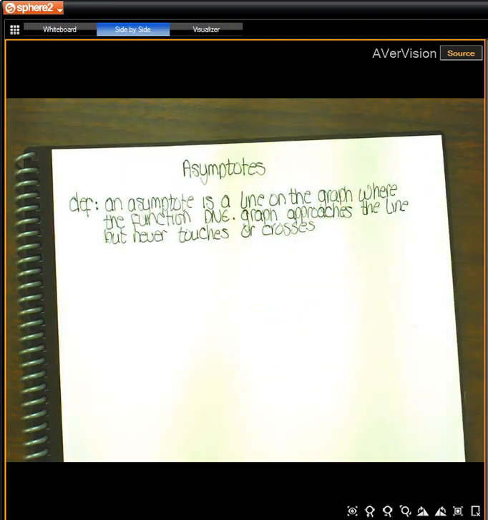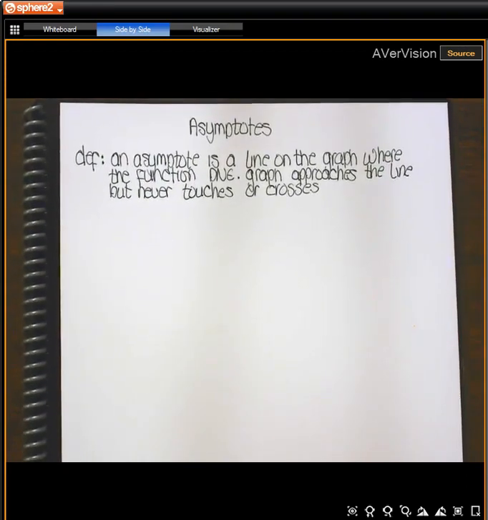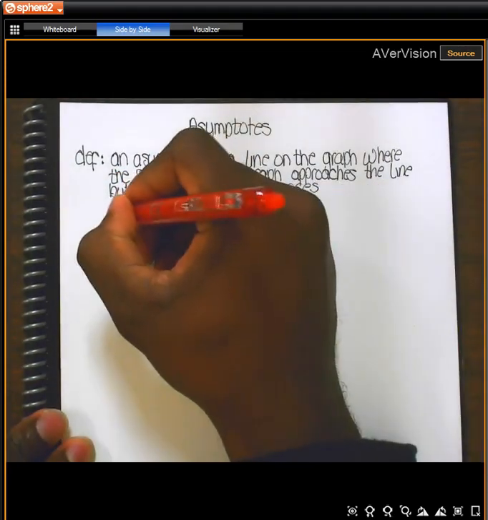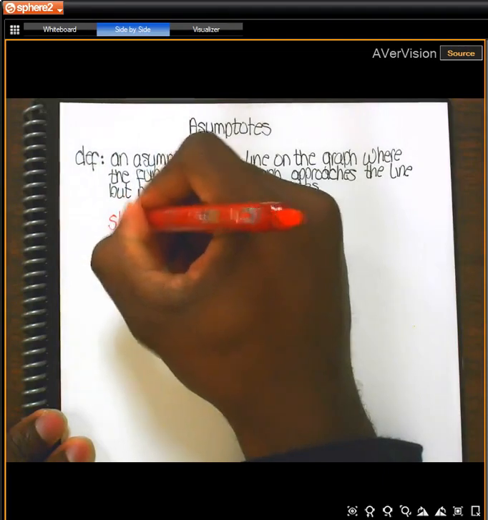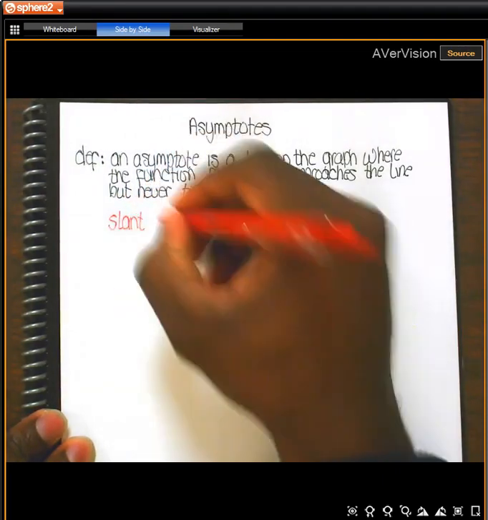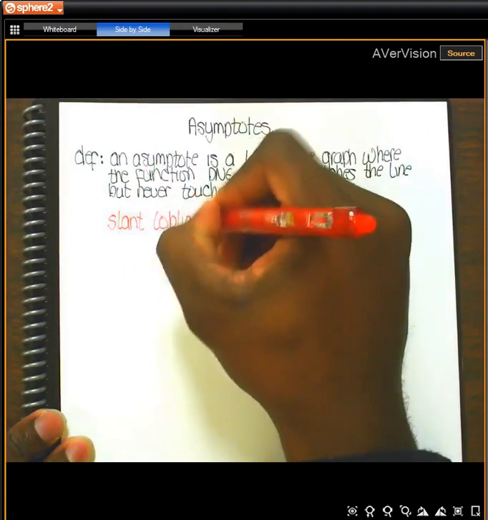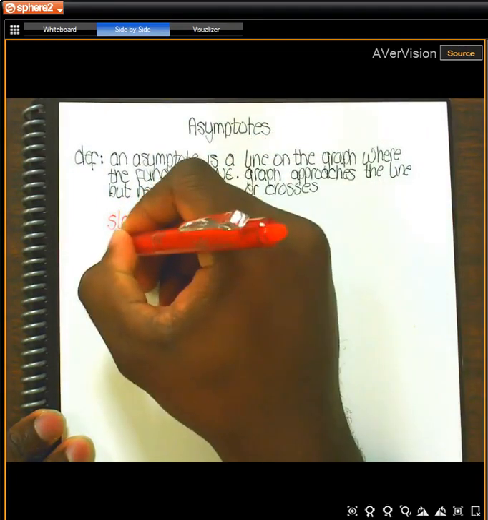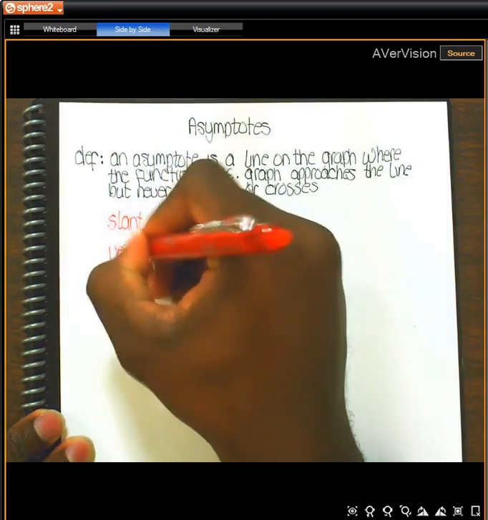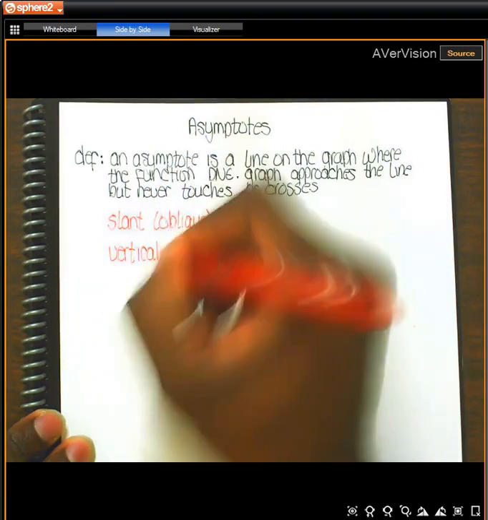Do you remember the three types of asymptotes? Yeah. We have slant asymptote, slant or oblique. We have vertical and horizontal.